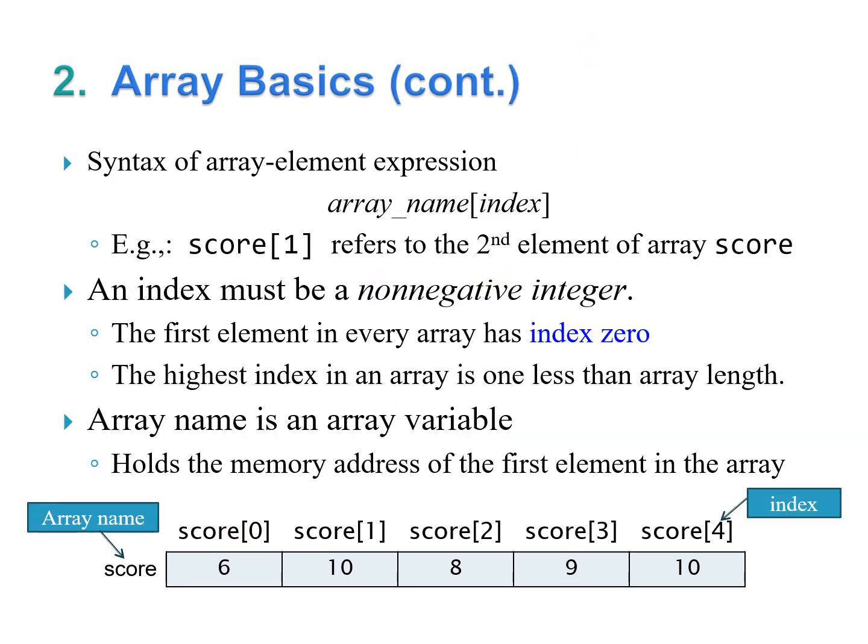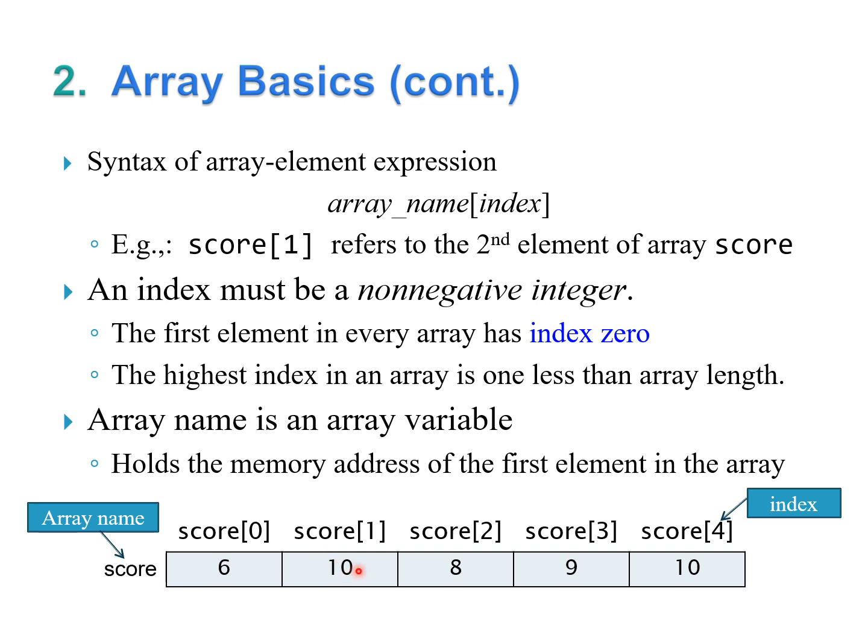The syntax of the expression that refers to an element of an array is the array name followed by the element index in square brackets, as in score[1]. The expression score[1] refers to the second element of the array score.